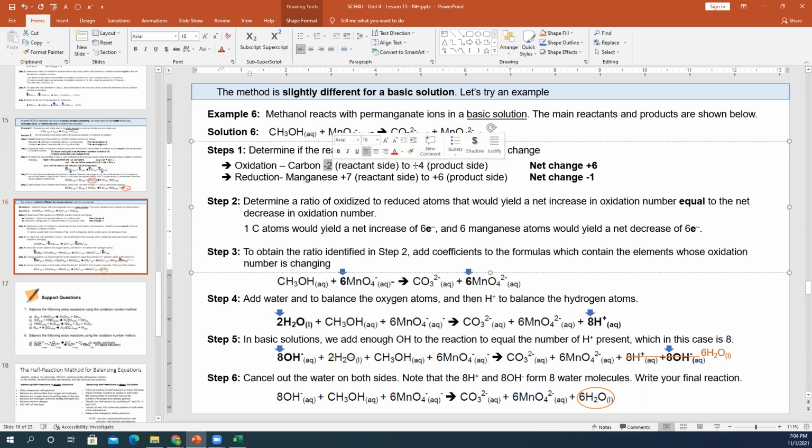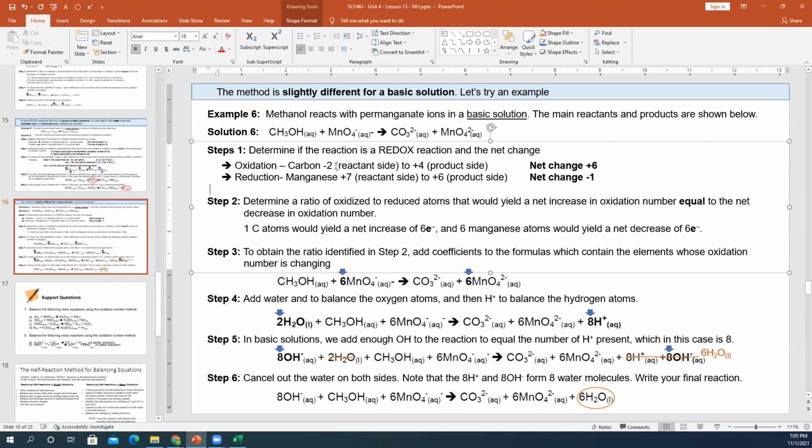On the product side, it is +4. For manganese, on the reactant side, it would be a +7 oxidation number once we figure it out, and on the product side, it is a +6.